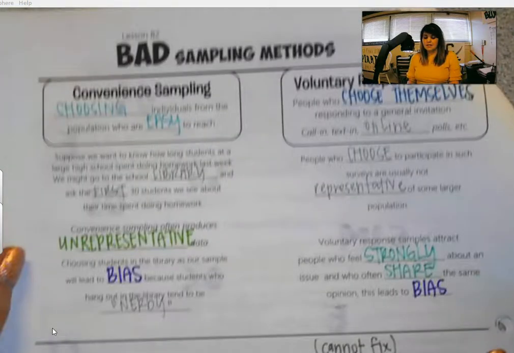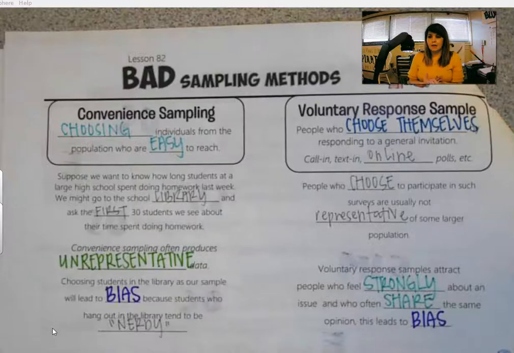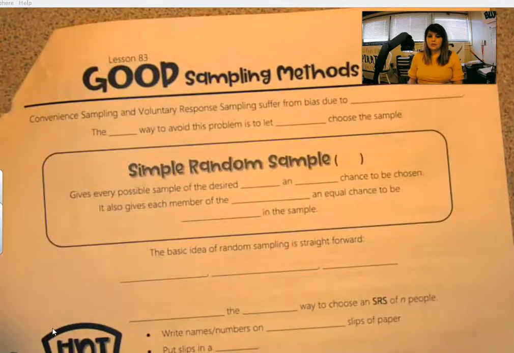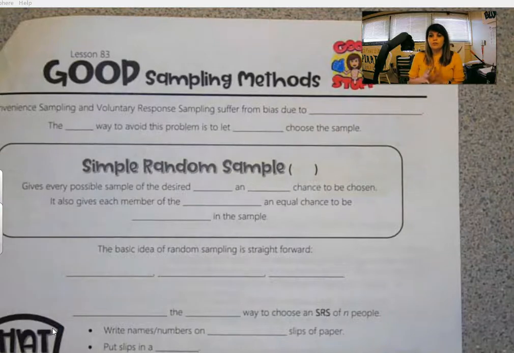Often in stats, we begin by identifying the bad sampling methods so that it is even more clear why the next sampling methods are the good ones. And that's where we begin on page 807. There are three really good, really basic sampling methods.